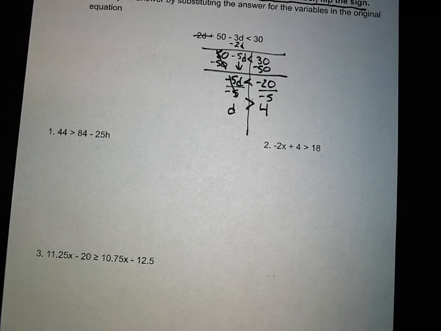Keep it equal to. Actually, it'd be positive. Mr. Wheeler, is it like this? Actually, no, we're gonna subtract. h is greater than 8/5, right?